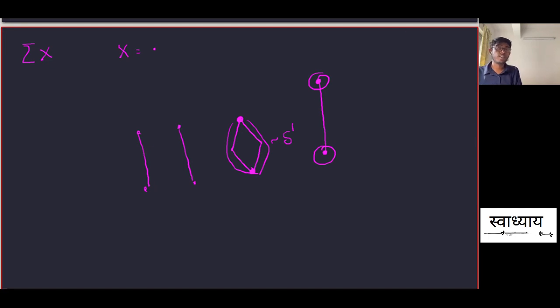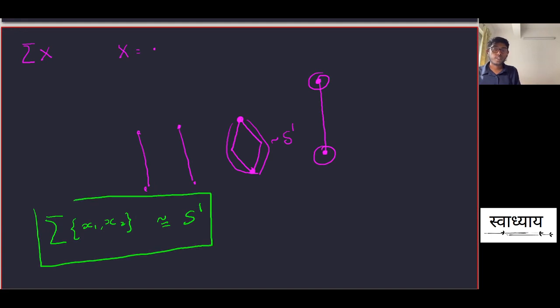In the discussion session, you should try to prove that the suspension of two points, let's write x1 and x2, is homeomorphic to a circle. If I take any two points, the suspension is a circle.